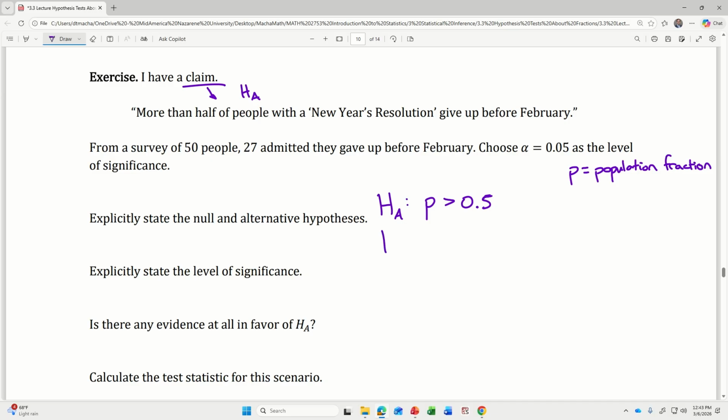The null hypothesis is the converse of this, which means the null hypothesis is just telling me that my alternative hypothesis is wrong. And so that means my null hypothesis is any case where the population fraction is less than or equal to 0.5.